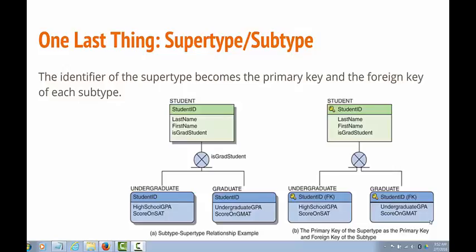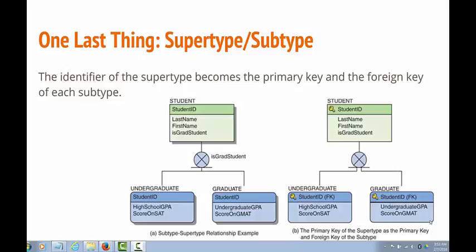In this particular example taken from the textbook, we have a student entity, or equivalently a student table, which has two subtypes, undergraduate and graduate, which, while they share a primary key, also have different attributes. Like undergraduate has high school GPA, whereas graduate student has undergraduate GPA, as well as score on GMATs.